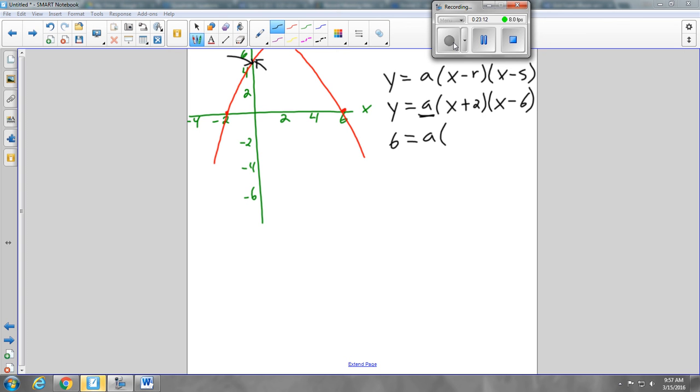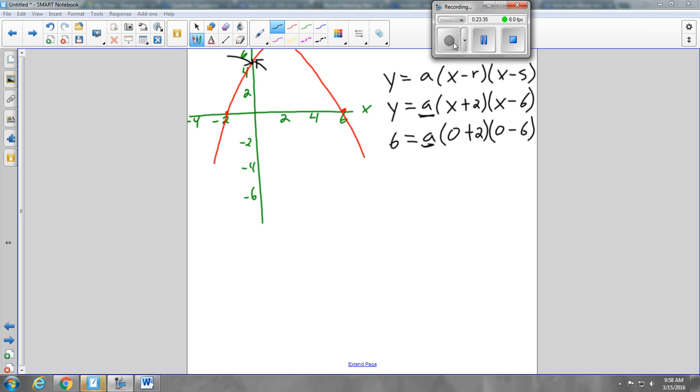A, we still don't know. Do we know x at that point? It's 0, right? So instead of an x, I can write a 0, and then +2, and then the same thing, 0 minus 6. Now we have an equation with only one unknown, just a. That's all we need to solve for now.